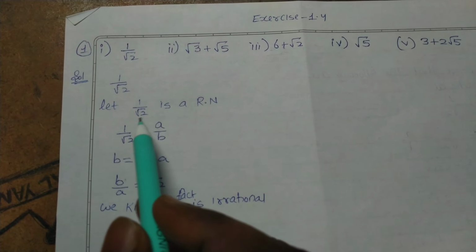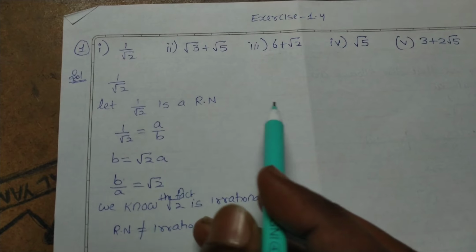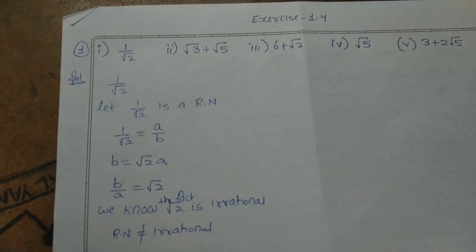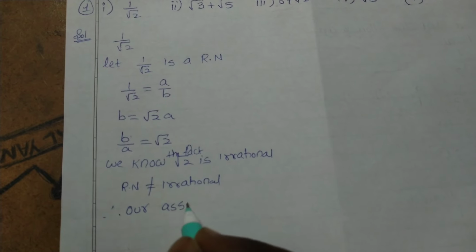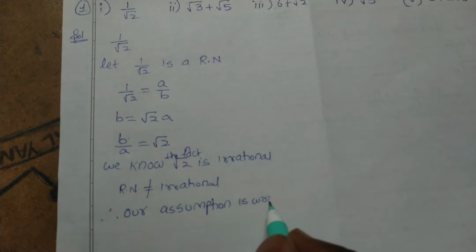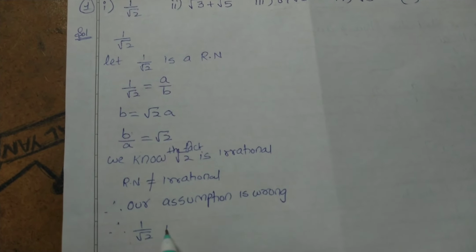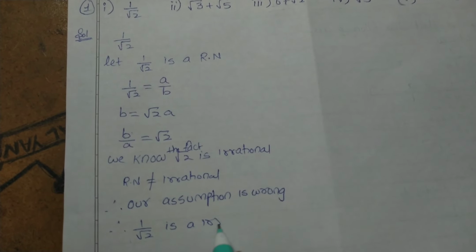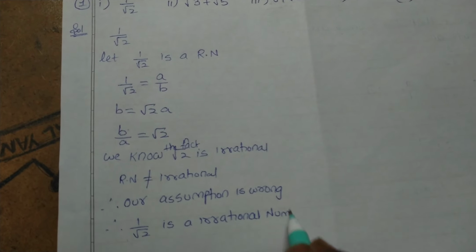What we assumed was that 1 by root 2 is a rational number. That is wrong. Therefore 1 by root 2 is an irrational number.